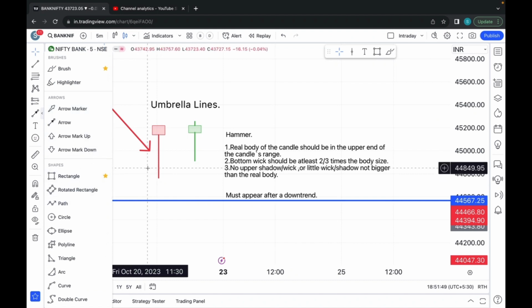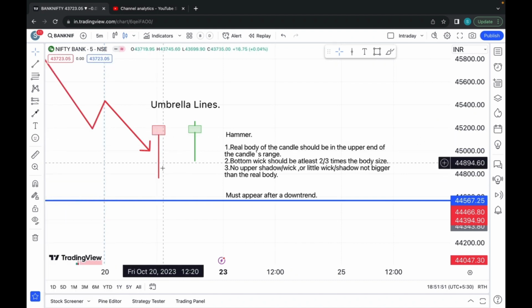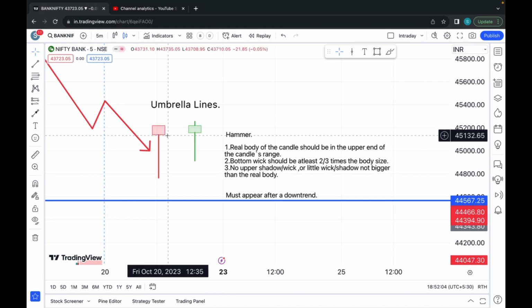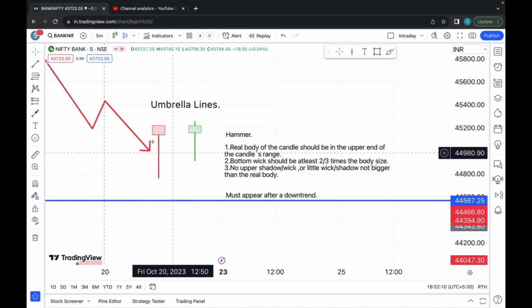It only means that prices have come down towards the bottom range of the candle in that particular time frame, but failed to close near the bottom, and have gone up and closed towards the top range of the candle, which means there is some buying pressure in this wick area.